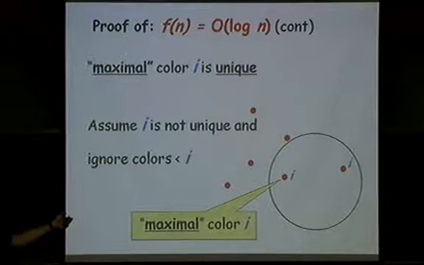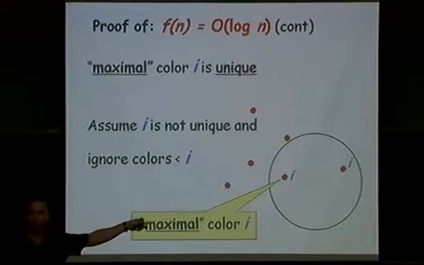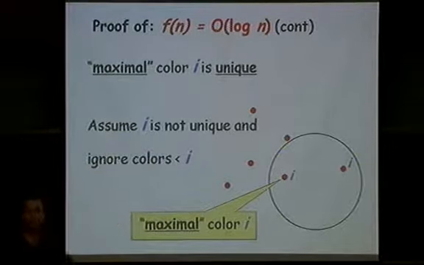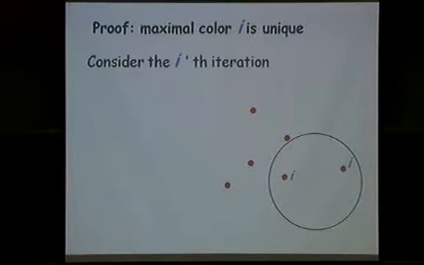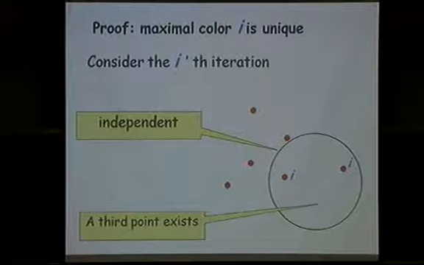So there was no edge because no disk would have separated these 2 points from the rest. In particular, this specific disk that we want to prove something about did not separate these 2 points from the rest of the points, meaning that there must exist a third point. So these 2 points are independent. This is a disk that does not witness a Delaunay edge, so there must exist a third point.